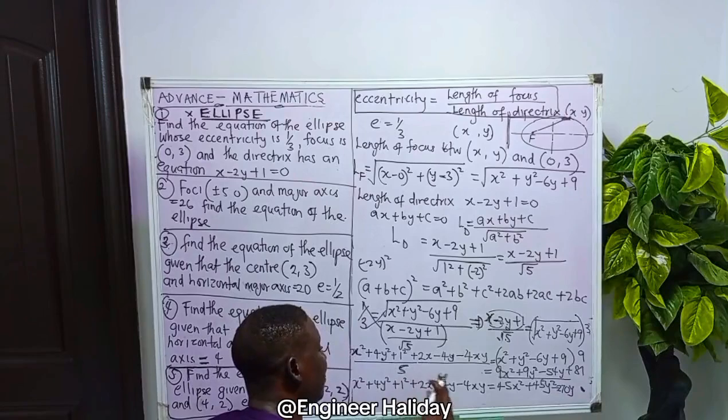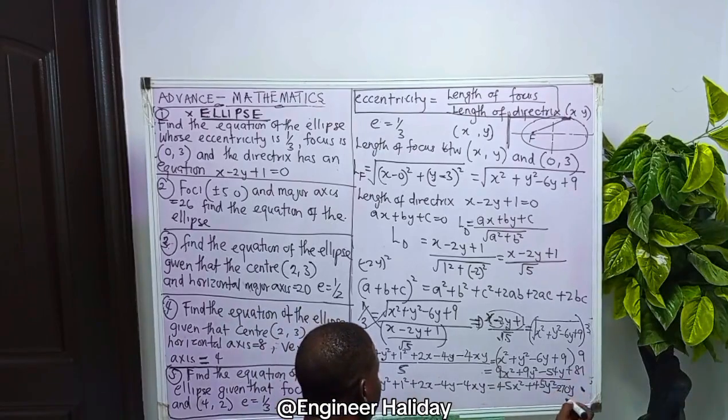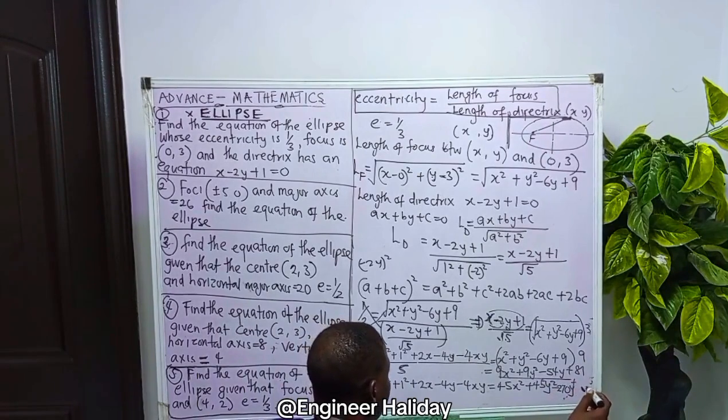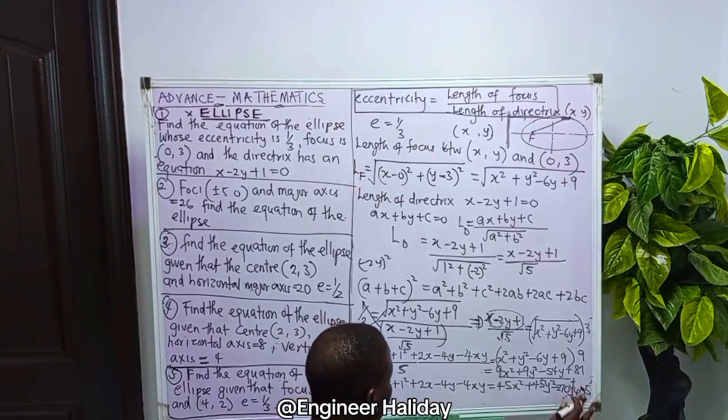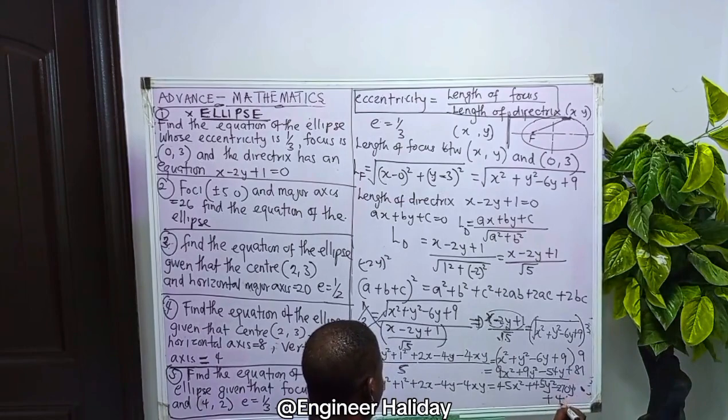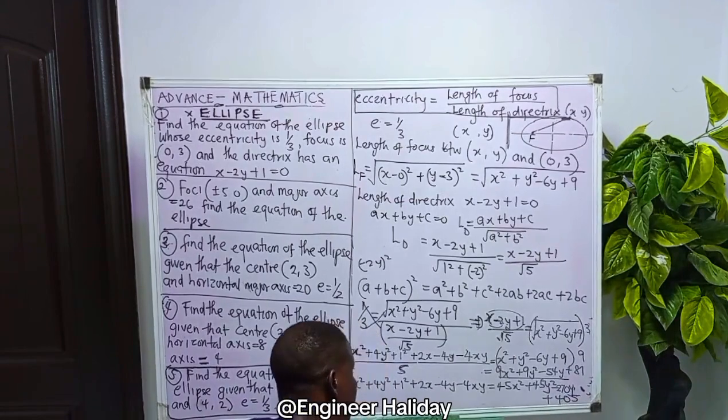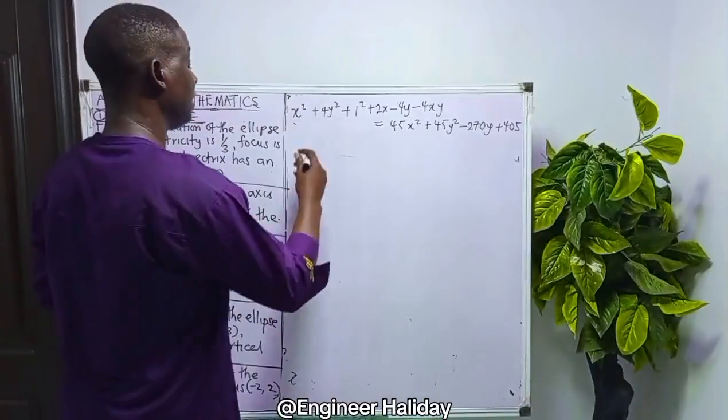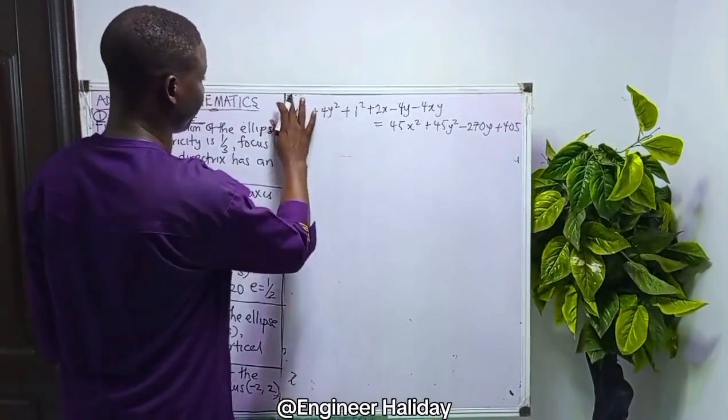Then 5 times 81, that would be 405. So I'm going to have plus 405. That's what we want to have. Let me write what we wrote down because of space.